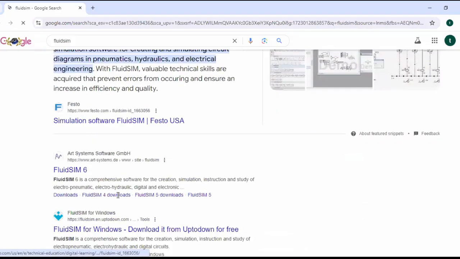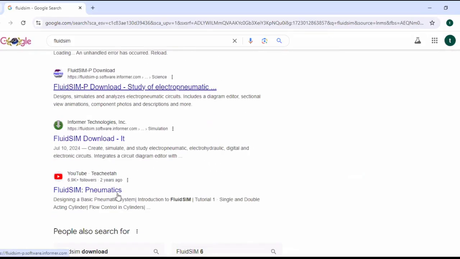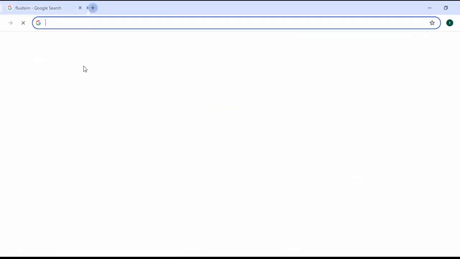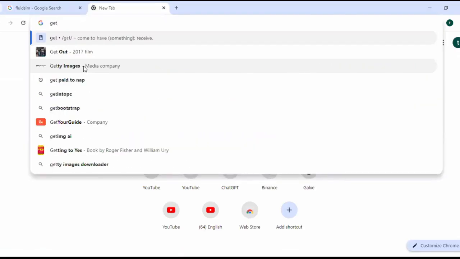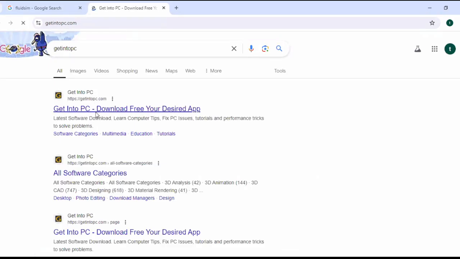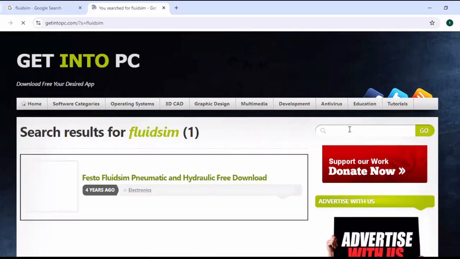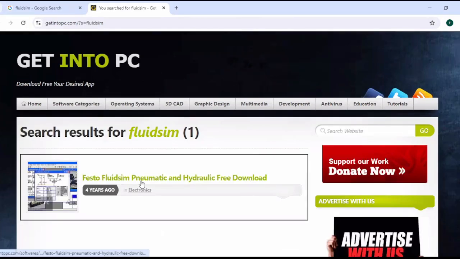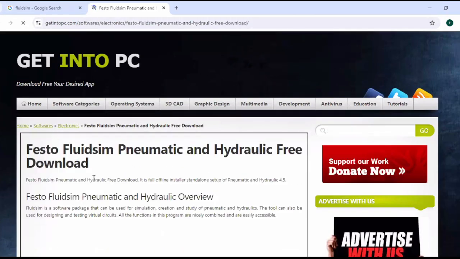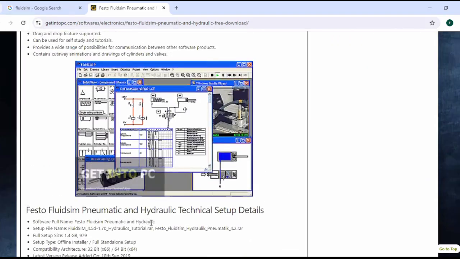I think it is available on Get Into PC. Download the free version and try to do a design.